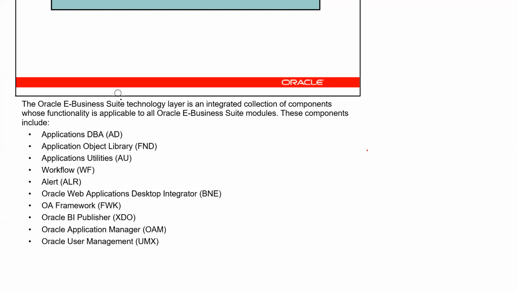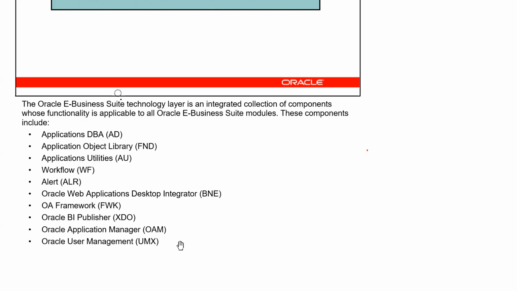So the technology stack is an integrated collection of these components. We may be using application utilities, workflow, alert, web application desktop integrator, OA framework. Few we may use, few we may not. OAM we are going to use.